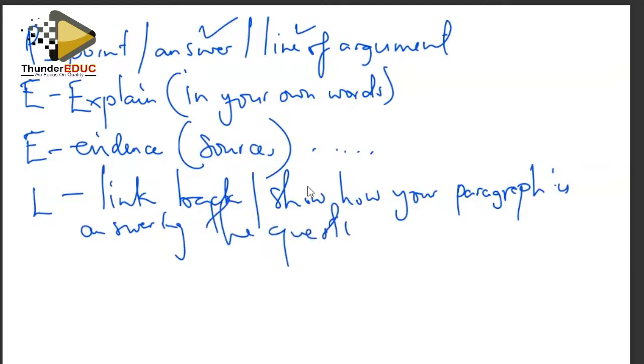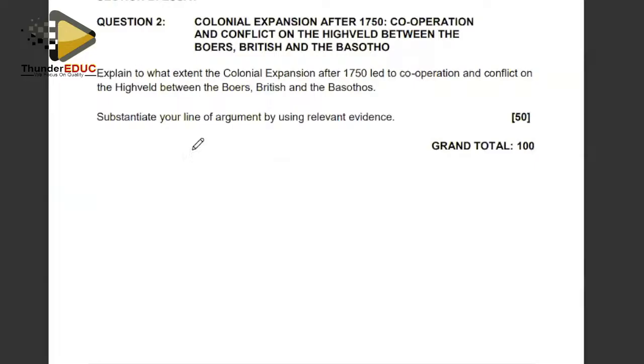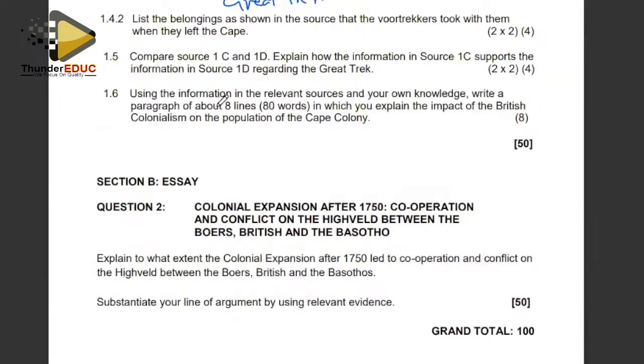So in this instance, the question is asking about the impact of the colonialism on the people at the Cape. Our question is saying, explain. Write a paragraph in which you explain the impact of British colonialism on the population of the Cape.